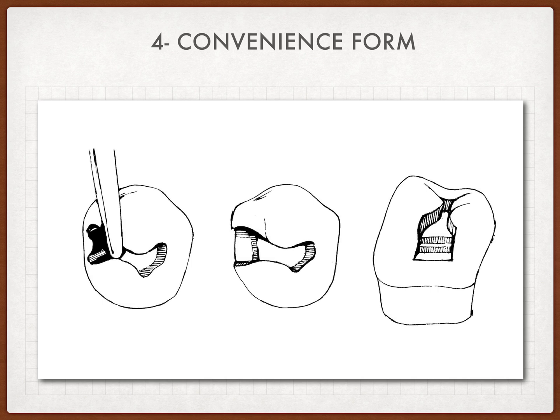The fourth principle of a tooth preparation is the convenience form. Guys, do you remember that when we used to do the class 1 preparations in the phantom labs, to prepare before the clinics, we used to make them as conservative as possible and as small and as beautiful as possible.